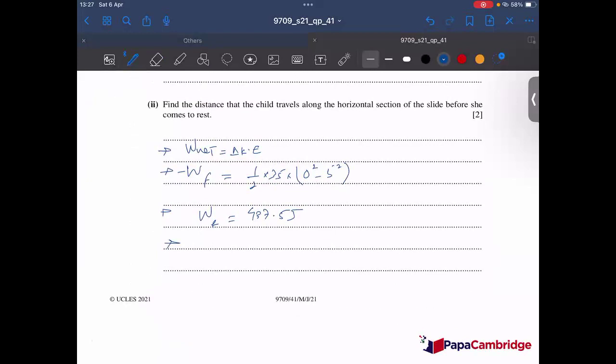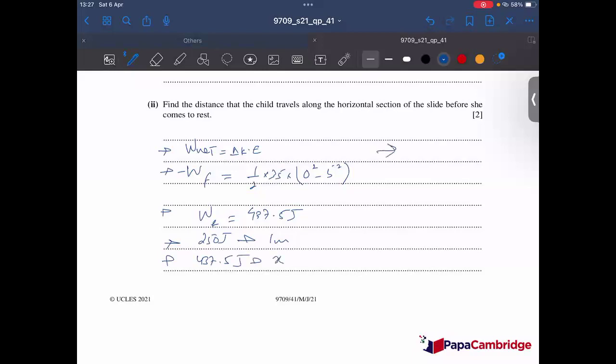And we know that the work done per meter, along 1 meter, is 250 joules of work along the horizontal section. So along how many meters are you going to have this total work done?